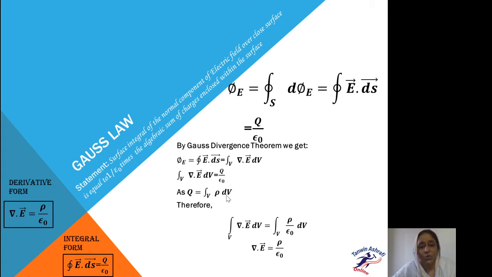If we write Q as an integration over the volume of rho dV, we substitute that in place of Q by epsilon naught, giving rho by epsilon naught, and since there is a volume integration on both sides, we cancel it. Then del dot E is nothing but rho by epsilon naught. This is the differential form, and the earlier one is the integral form, of the Gauss law.